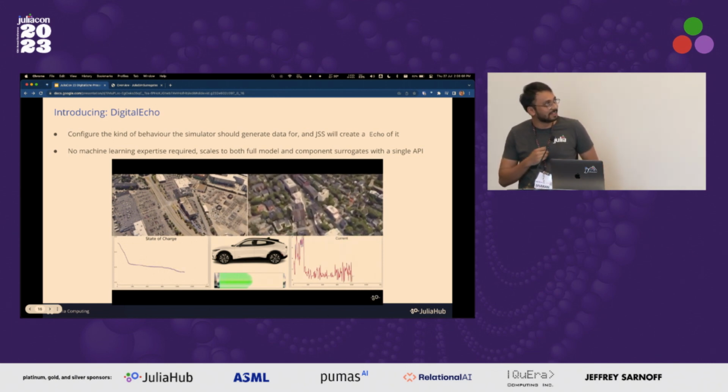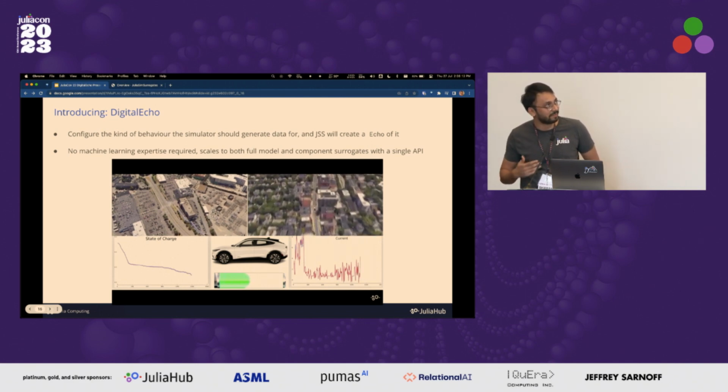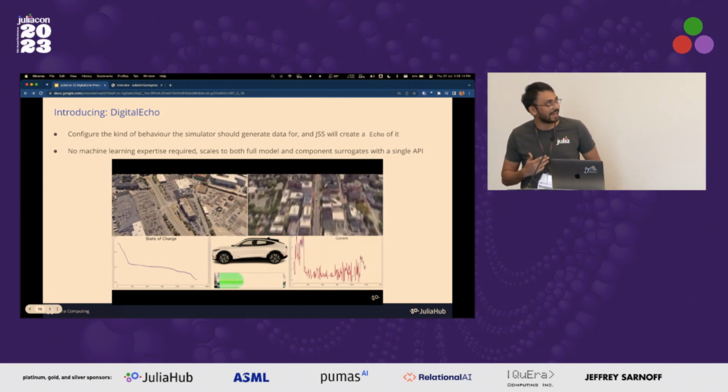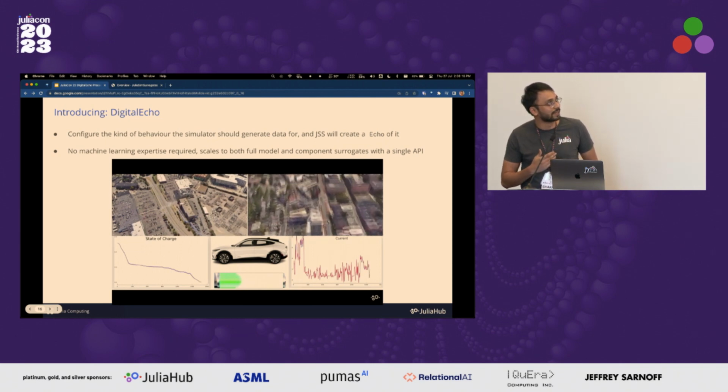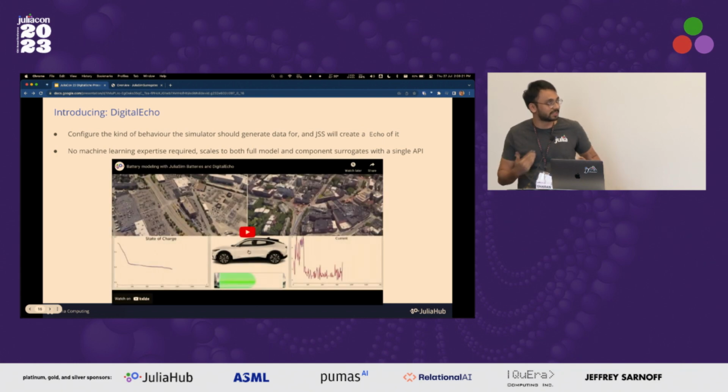The left-hand side is without a surrogate. If you try to simulate this whole process, it takes a very long time. It's like the car is not even moving. But the right-hand side is with the surrogate. It's just demonstrating the speed of the surrogate, and in this case the speed makes an order of magnitude difference in how you deal with that physical system.